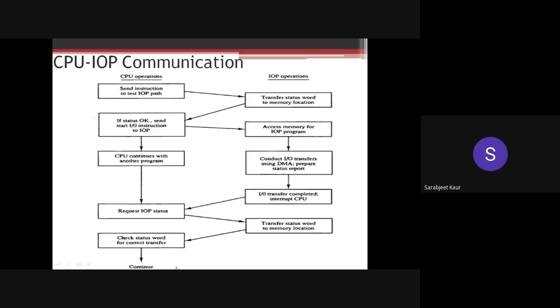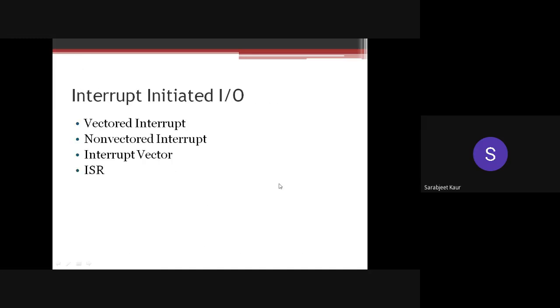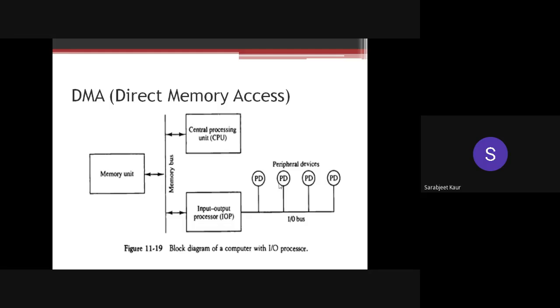So this is DMA, and please note that although we have talked about the CPU doing simultaneous work even in interrupt initiated IO, if you are asked which is a truly concurrent technique, that means which technique allows you to process other tasks simultaneously with an IO program or an IO service routine, then it is DMA.